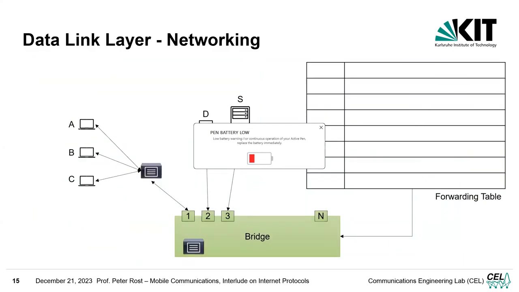Okay. Now, one of the most important questions is how does the frame find its way through the network? And this is done using the so-called forwarding table defined in IEEE 802.1.